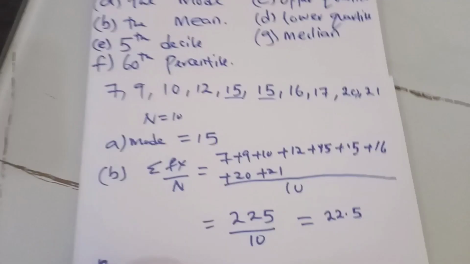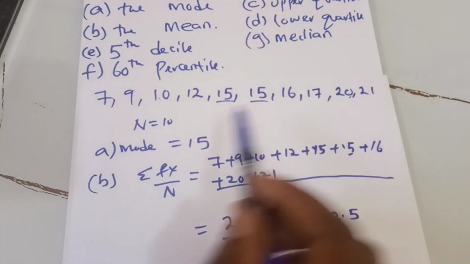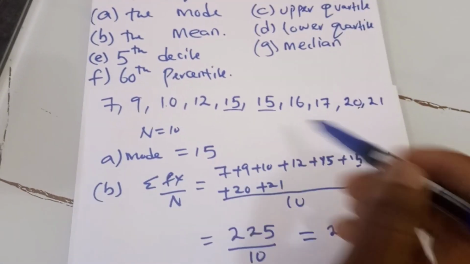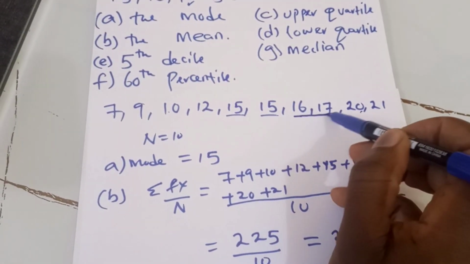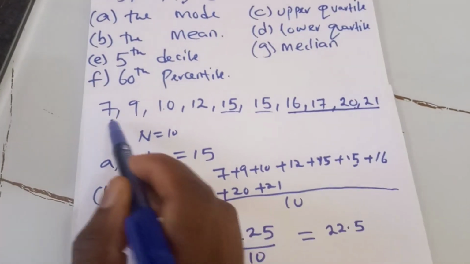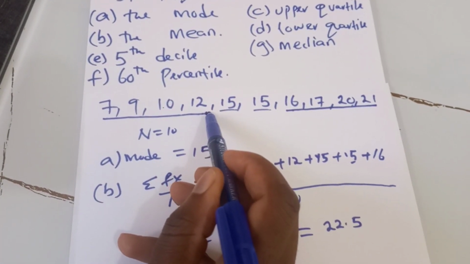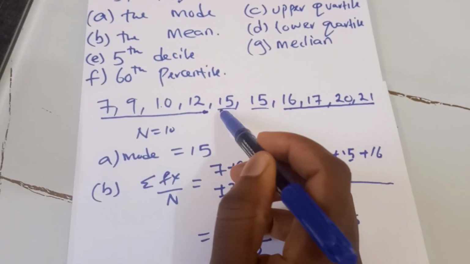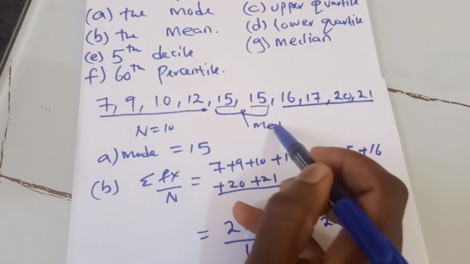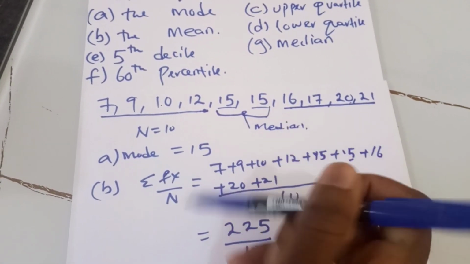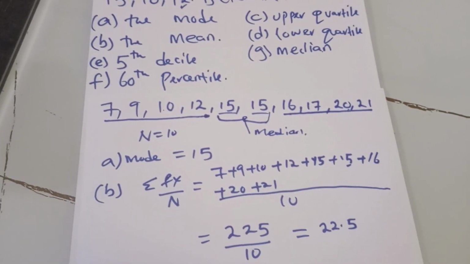So we move on to the next question. We can first of all look at the quartiles. We are going to divide this set of data into two, so that on the left wing we have 4 values, and on the right wing we have 4 values. The values that remain at the center will give us the median.